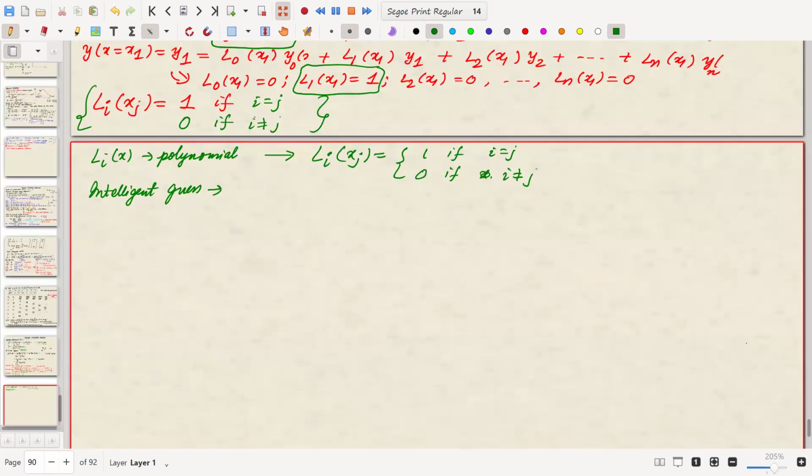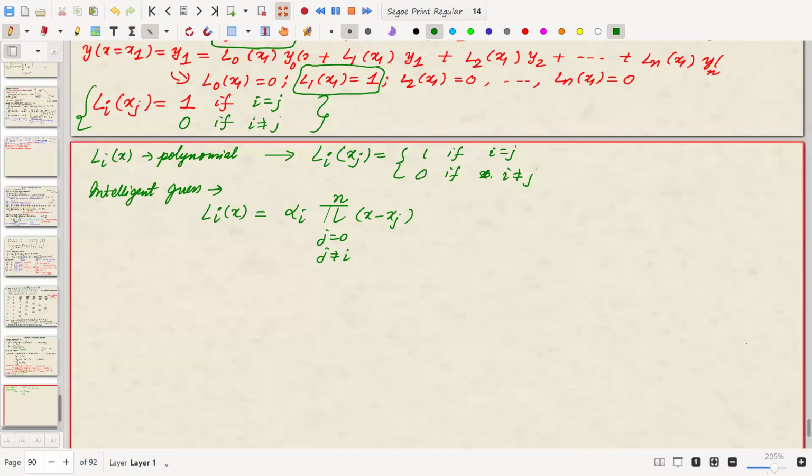No? Okay, let me write it this way. Believe me, for this case, just this expression. I will tell you why this is true. Do you feel that this can be a formula for Lagrange polynomials?